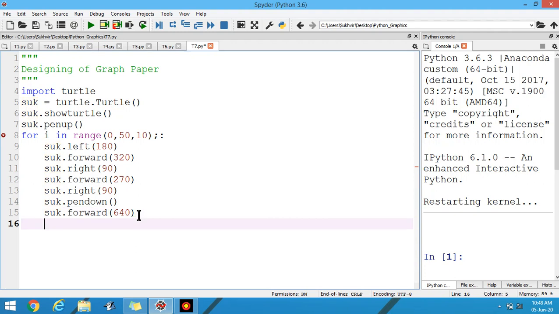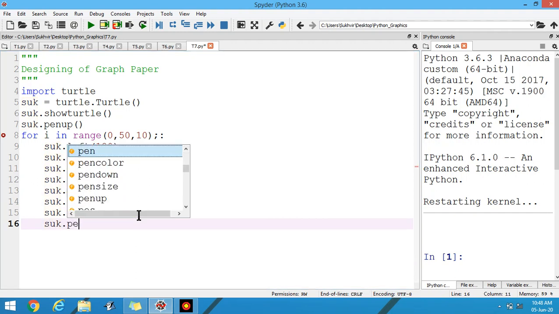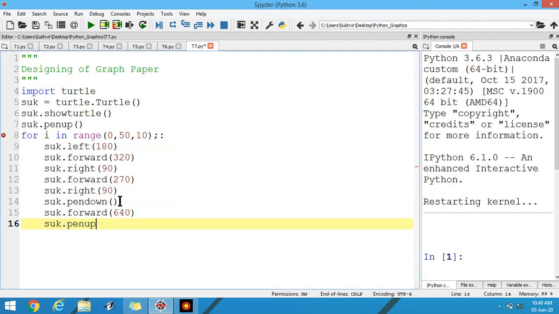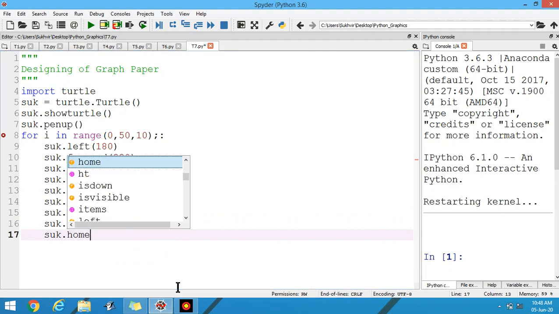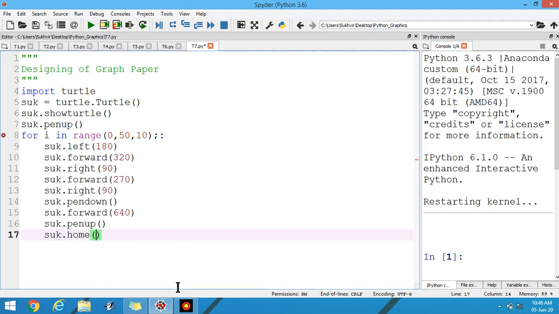And in the last step, we can use pen up and suk dot home, because we have to set the cursor again at the original position. This is the error.